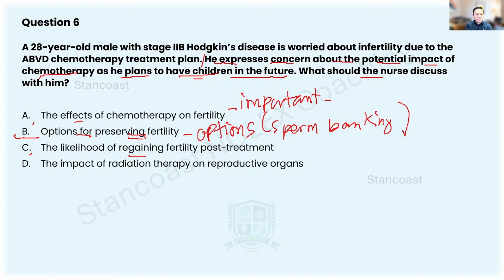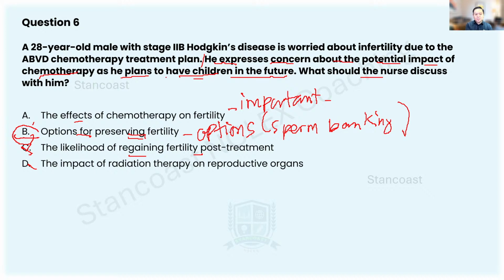Regaining fertility post-treatment is not going to be as high priority compared to discussing the kind of option that they can have. All right, so we are going to eliminate that. What about letter D? The impact of radiation therapy on reproductive organs. It is also important to discuss this aspect, but the preservation strategies would be much more of a high priority here, guys. So we are going to select letter B.